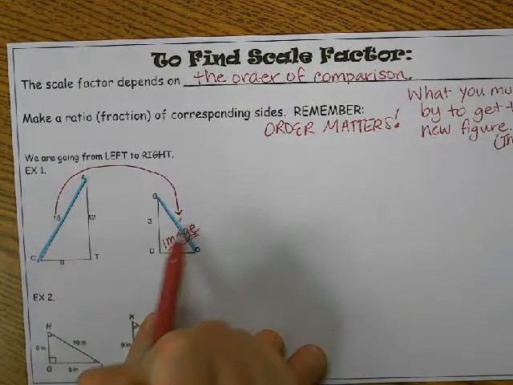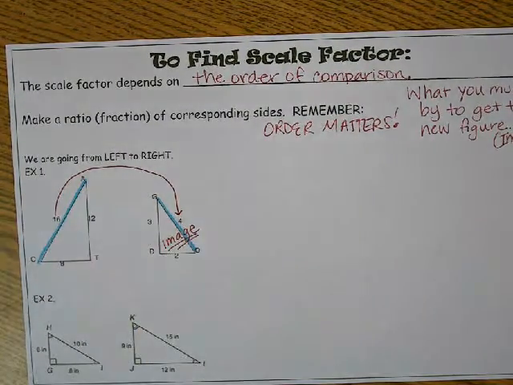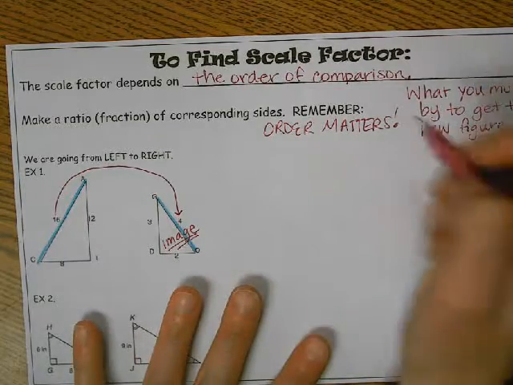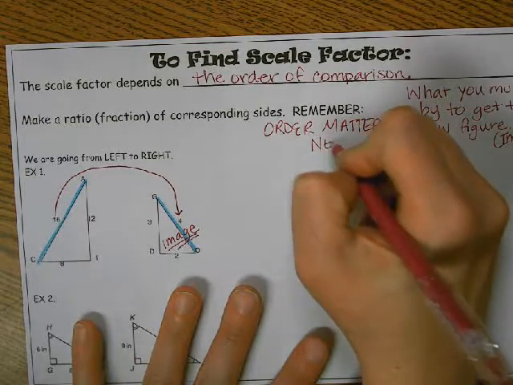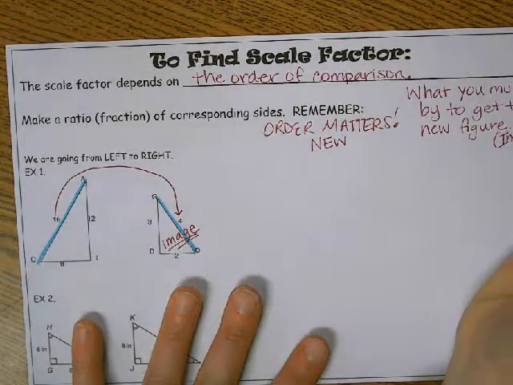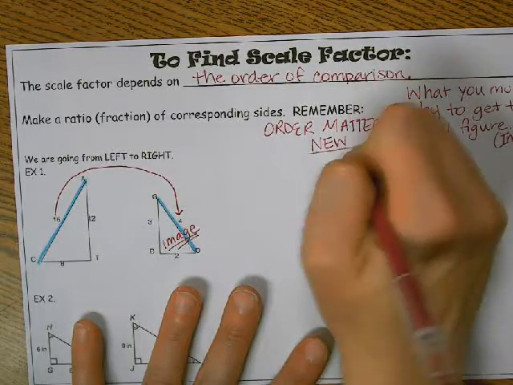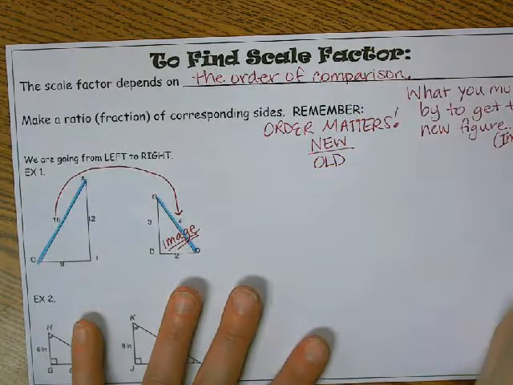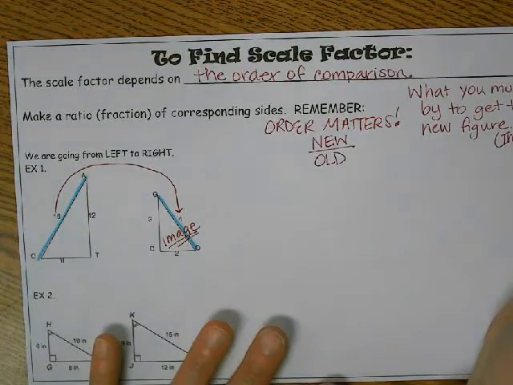To get that number, we're going to write a fraction, and we're going to put the new length over the old length.